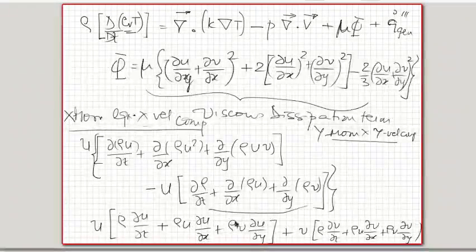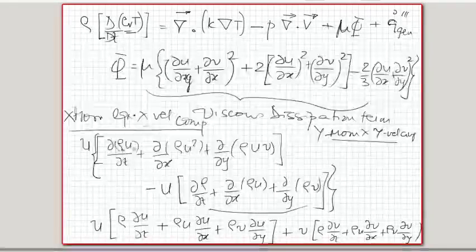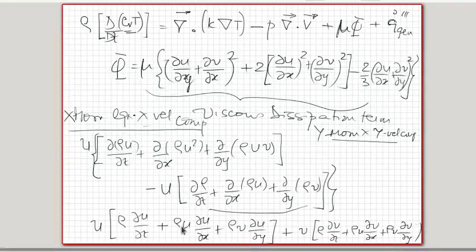Okay, so if I add these two together, then what I get is something like this. It will be rho outside, because density is a common term, since it's coming in all the terms. So I can take the density out and take the u in.